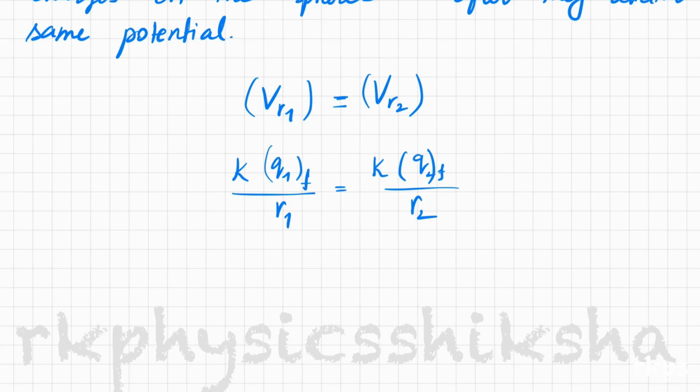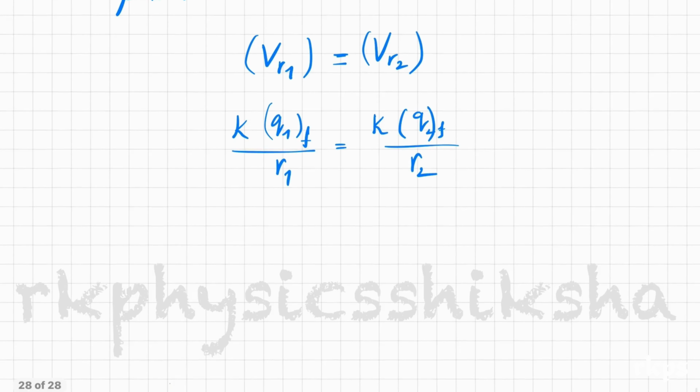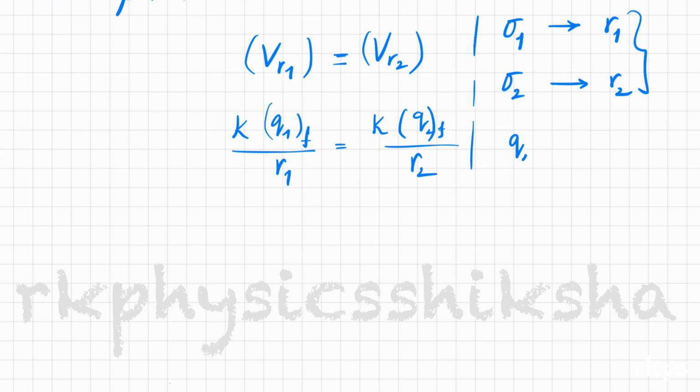If I assume that sigma 1 is the charge density on the sphere of radius R1, and sigma 2 is the charge density on the sphere of radius R2, then q1f, the final charge, will be equal to sigma 1 into 4 pi R1 square, the area.